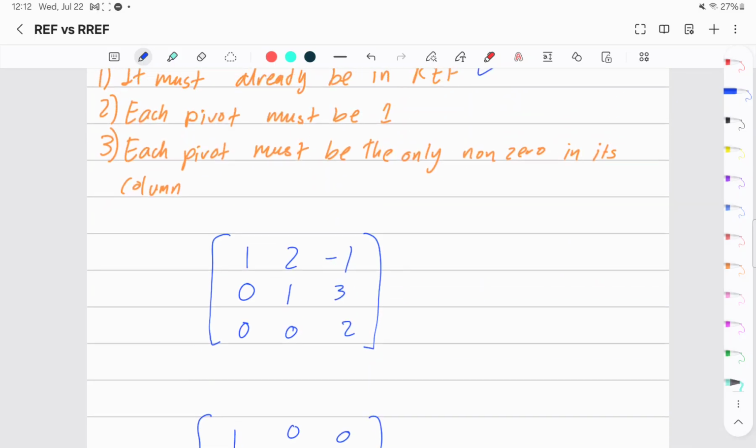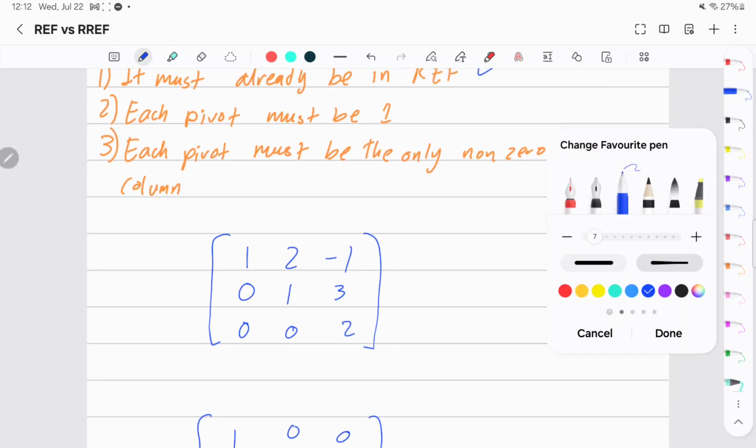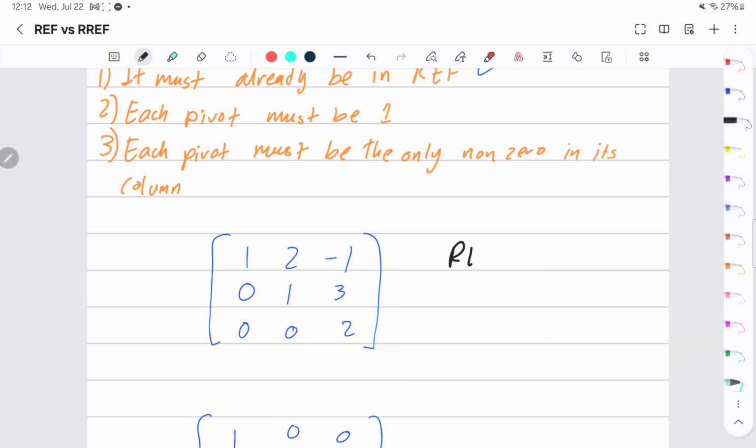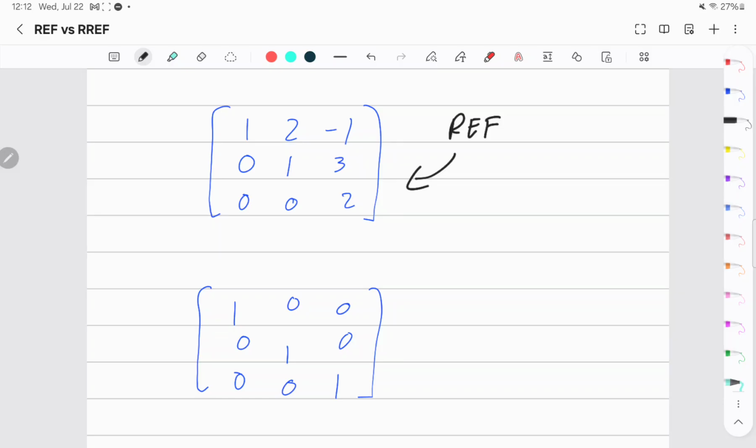So let's say this is your messy matrix and it's in REF form, and I ask you to make it into RREF. You need to make sure that all the pivot entries, which are 1, 1, and 2, are all 1. These two are naturally 1, so we don't have to do anything. But then we made this 2 into 1.